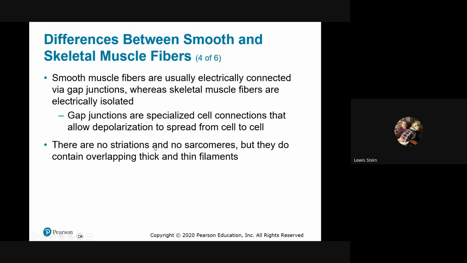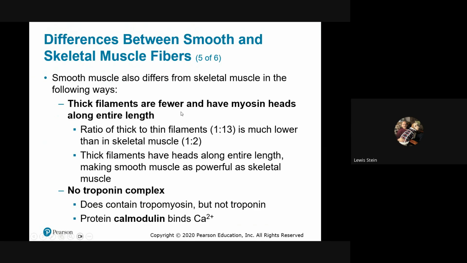Certainly no sarcomeres. It's a whole different ballgame, as you will see. But it does have thick and thin filaments, so we still have actin and myosin in play. The big difference is thick filaments are fewer and have myosin heads along the entire length. We don't have that isolated area where the head is located. Again, 1 to 13 compared to 1 to 2, thin to thick. The thick filaments have heads along the entirety, making the smooth muscle as powerful as skeletal muscle.